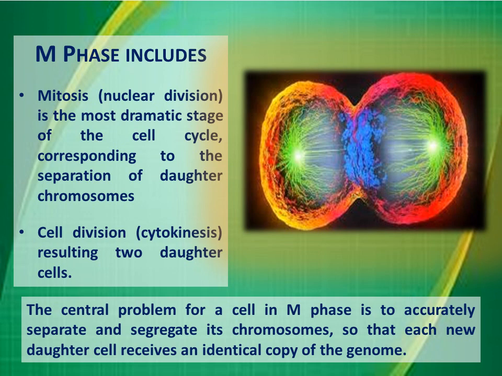The central problem for a cell in M phase is to accurately separate and segregate its chromosomes so that each new daughter cell receives an identical copy of the genome. With minor variations, almost all eukaryotic cells solve this problem in a similar way. They assemble specialized cytoskeletal meshes that pull the duplicated chromosomes apart and split the cytoplasm into two equal halves.